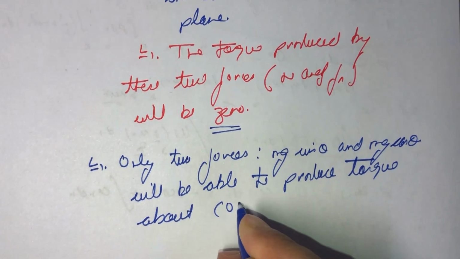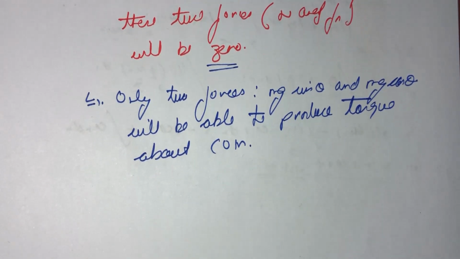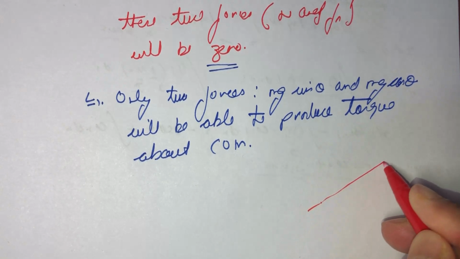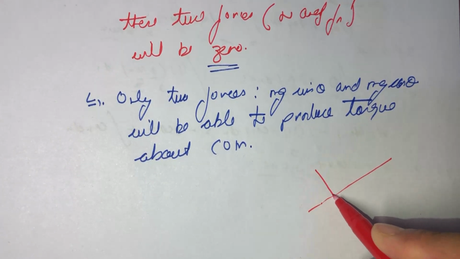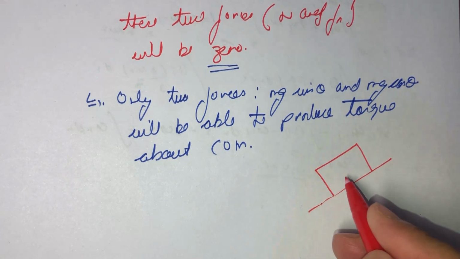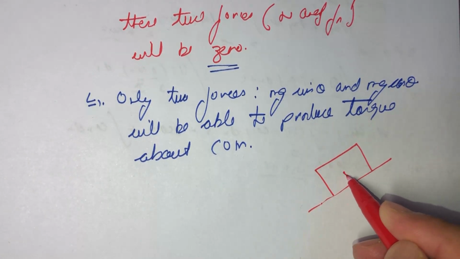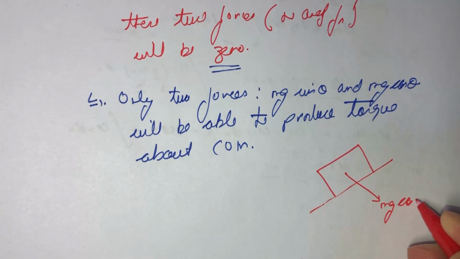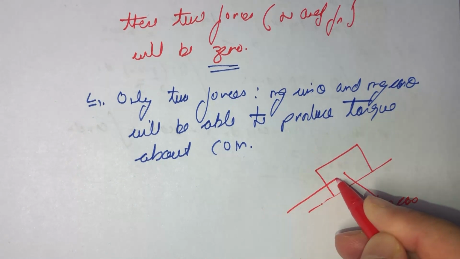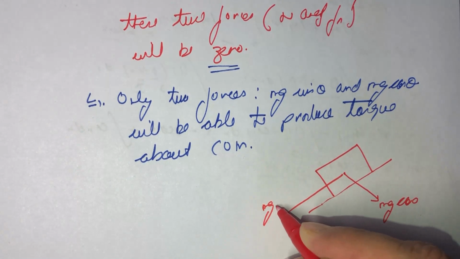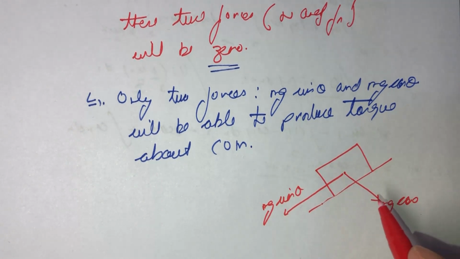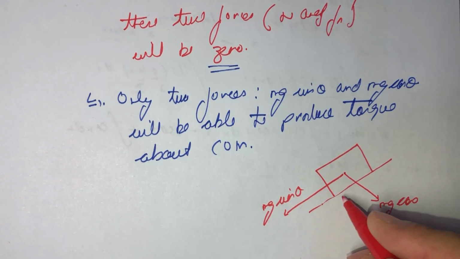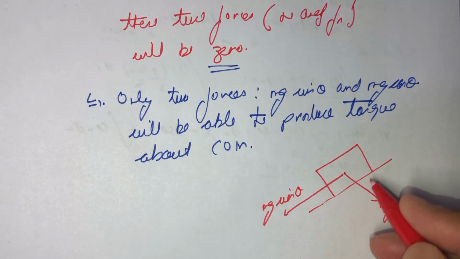About center of mass. So let us draw these 2 forces. So this is our block. We have mg cos theta, and we have this mg sin theta, and the perpendicular distance, its base is given as 10 by 10.